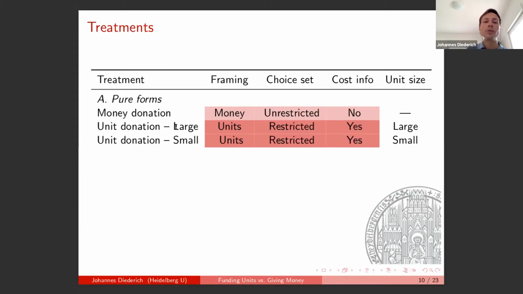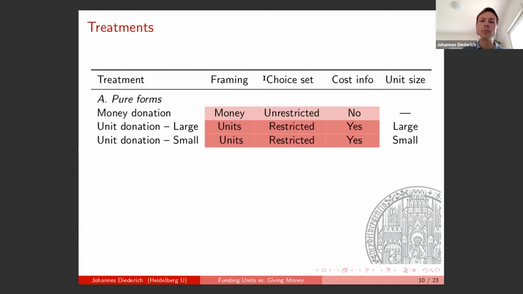Then we ran 2 pure unit donation schemes that differ by the unit size that is used: one with a large weekly unit for $3.50, and one treatment in which donors could fund numbers of the small daily rations.